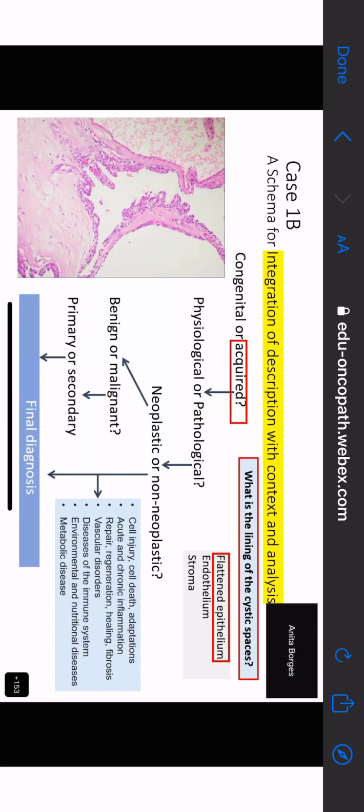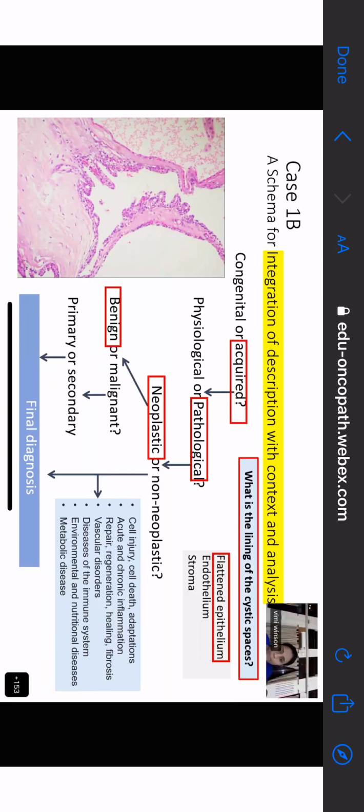All right. Next line. Pathological. Okay, you're asking two questions. Neoplastic. Okay. And it appears benign. So what's your diagnosis?